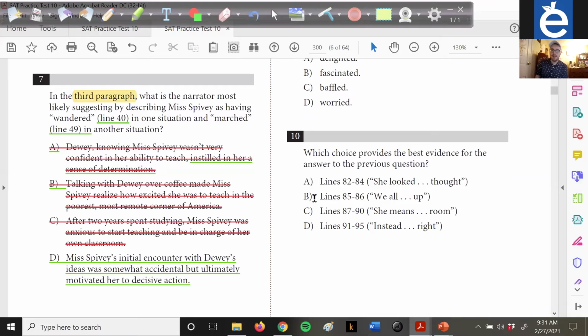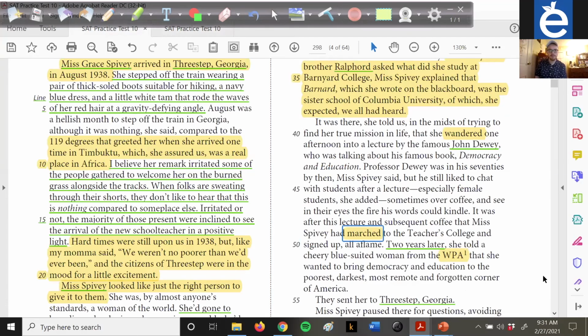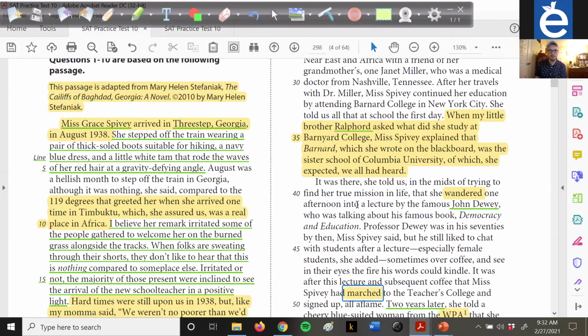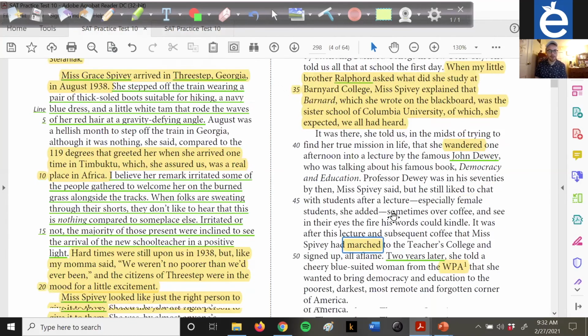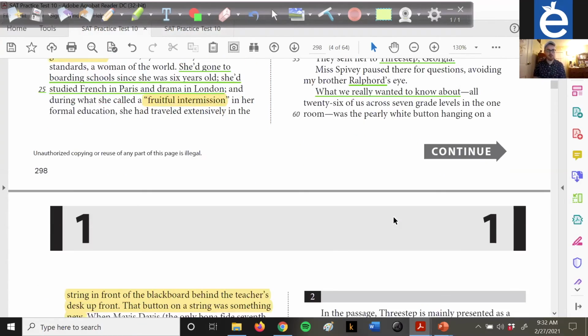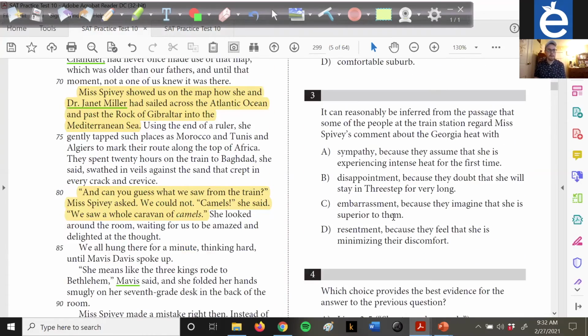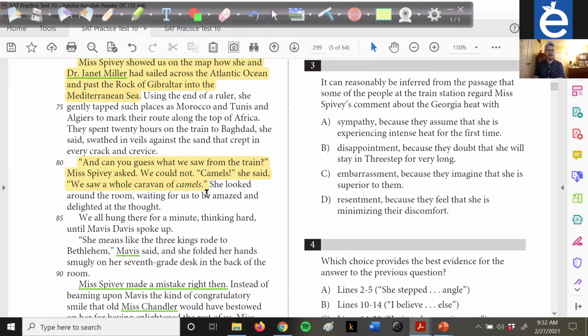Option A, lines 82 to 84, starting with "she looked" and ending with "thought." I always lose track, even in that short interval of just going back and forth. All right, 82 to 84.